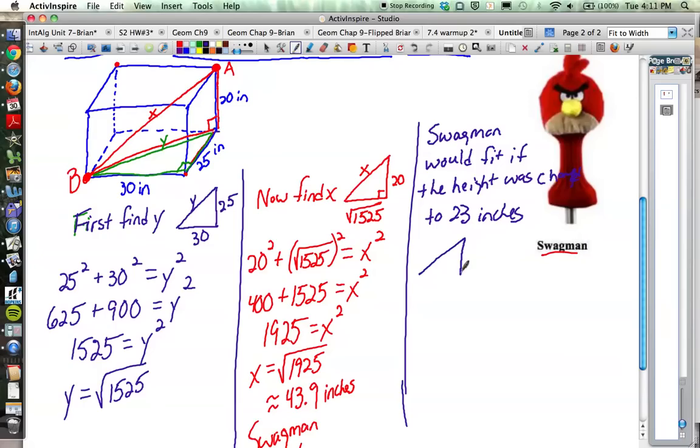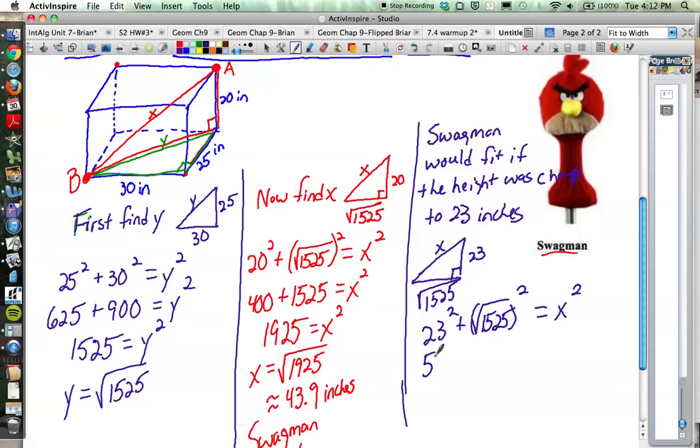So let's draw this out. If I've got 23 now instead of the 20, and the square root of 1,525 is that side, I'm just going to show that this does work. So 23 squared plus the square root of 1,525 squared is equal to x squared.